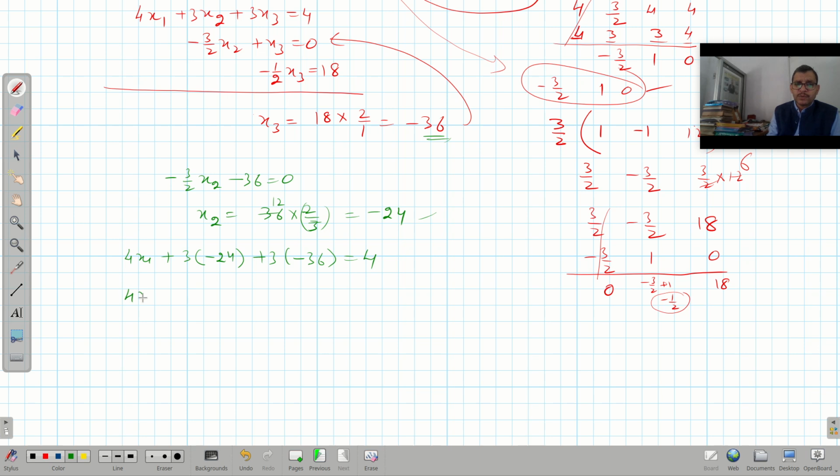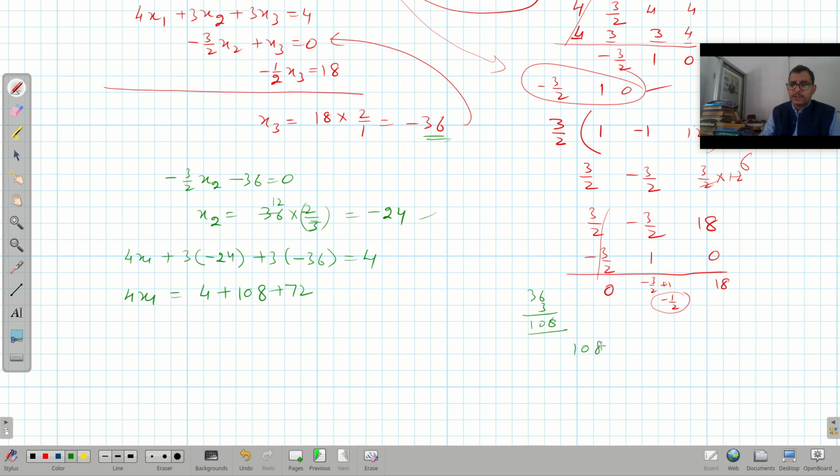So what is 4x1? 4x1 comes out to be, yeah, it is 4 plus 36, 3s are 108, so 108 will go towards that side and plus 72 will also go towards that side.